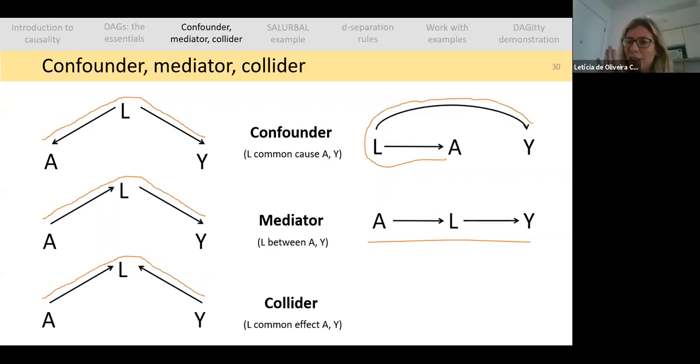I have a question. Sure. It's related to the utility of using DAGs. We are more used to using it to identify colliders, mediators, and confounders to adjust for in our analysis. But you mentioned it's useful to identify bias in study design.